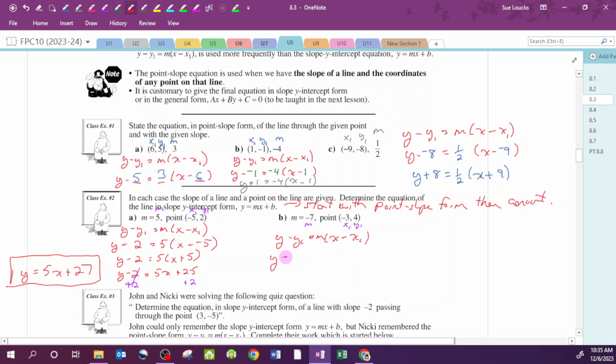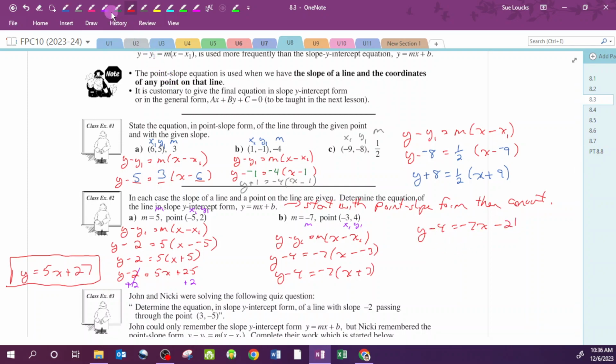So y minus 4 equals negative 7 times x minus negative 3 becomes y minus 4 equals negative 7 times x plus 3. I'm going to distribute that out. I get y minus 4 equals negative 7x minus 21.